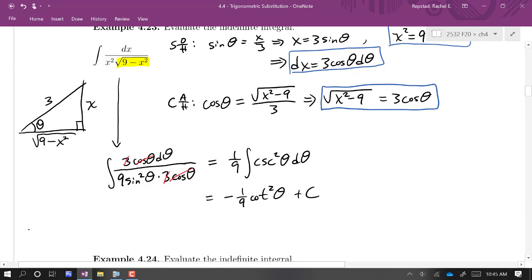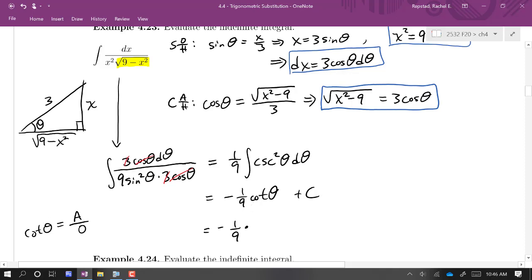So cotan is, let's see, if tangent is opposite over adjacent, cotan is adjacent over opposite. So this is minus 1/9 times cotan, I wrote cotan squared. Let me just acknowledge my error. The integral of cosecant squared is negative cotangent, not cotan squared.